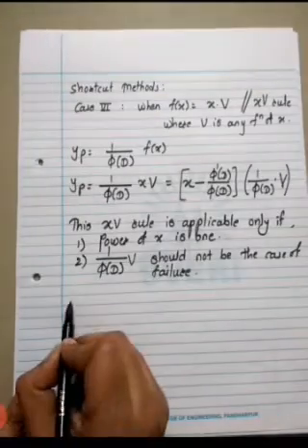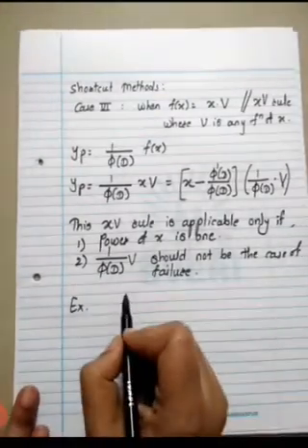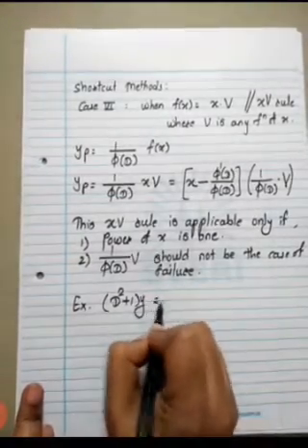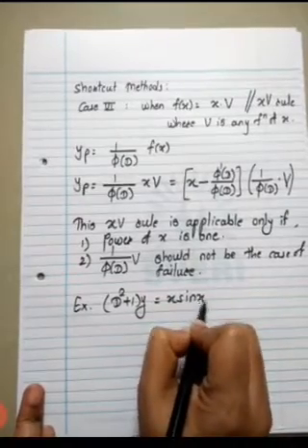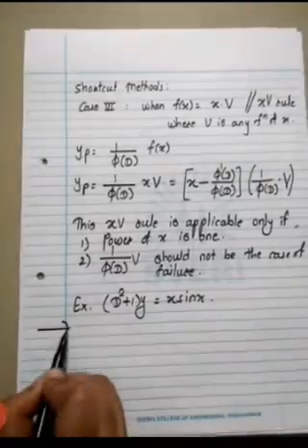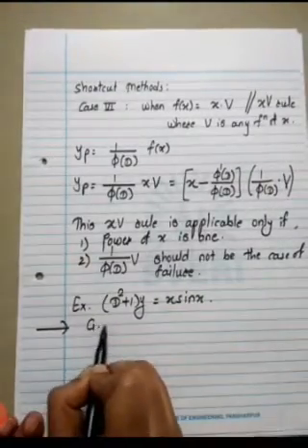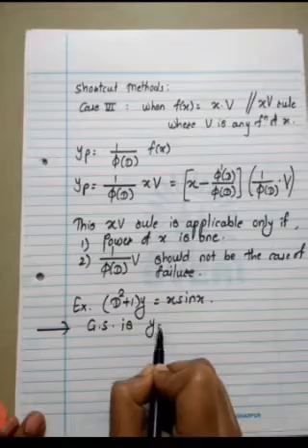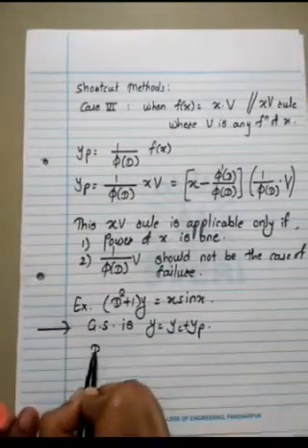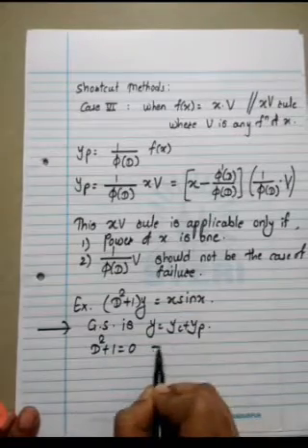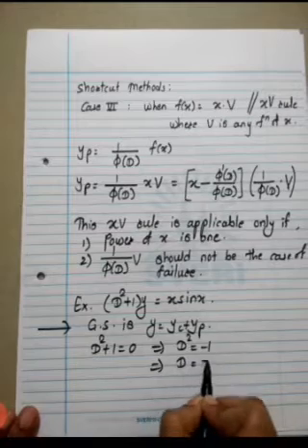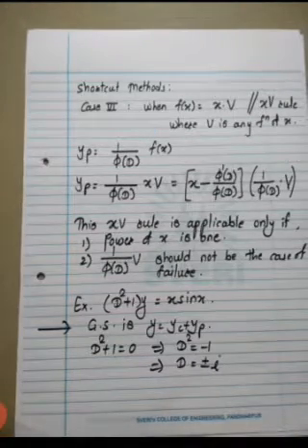For example, d square plus 1 into y is equal to x sine x. Let's solve it. Its general solution is y is yc plus yp. To find yc, we consider the auxiliary equation, that is d square is minus 1, so d is plus minus i, square root of minus 1.